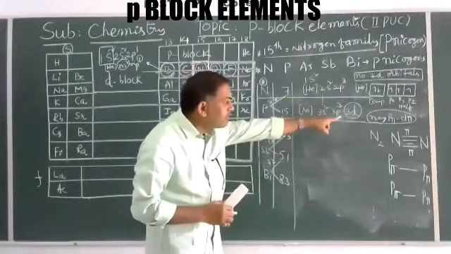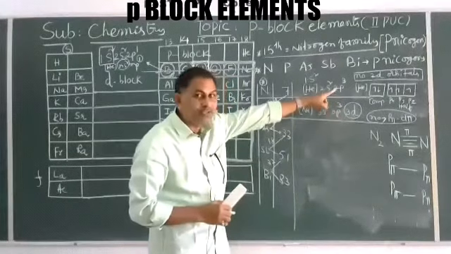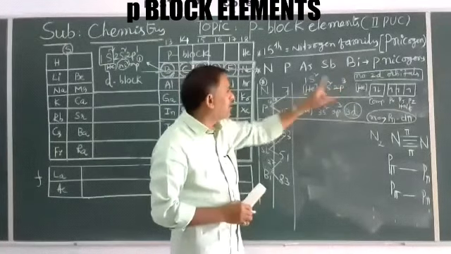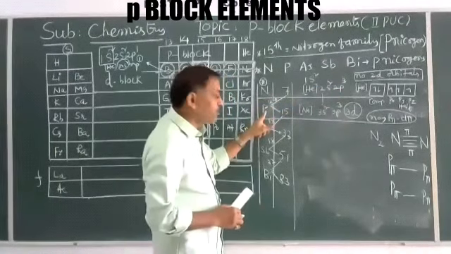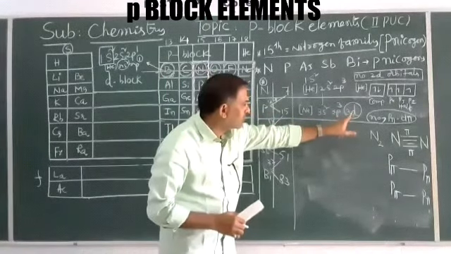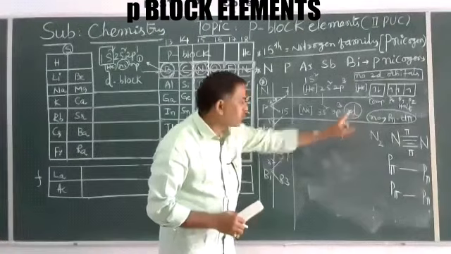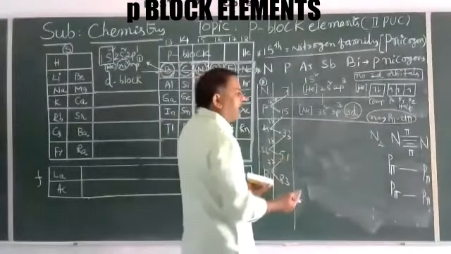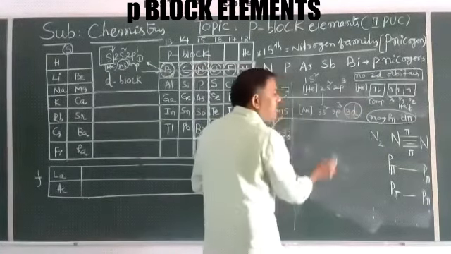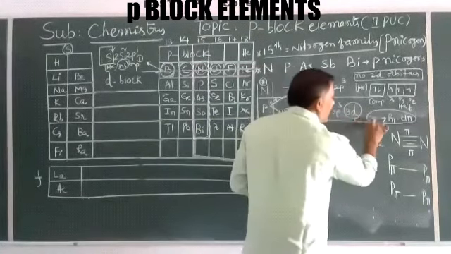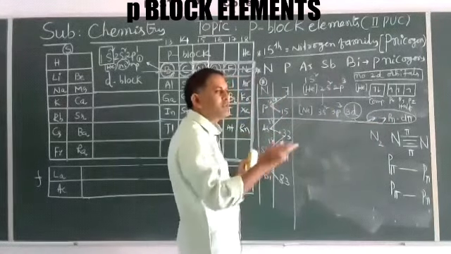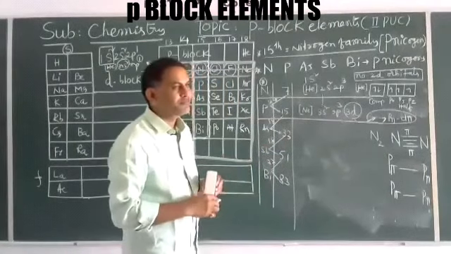But the possibility of d orbitals is not present in nitrogen; from phosphorus onwards d orbitals are available, because the d subshell starts from the third energy level. That's why in the excited state electrons are excited from the p subshell to a d subshell, and then it forms p pi and d pi bonds, when it forms pi bonds between phosphorus and some other important elements.